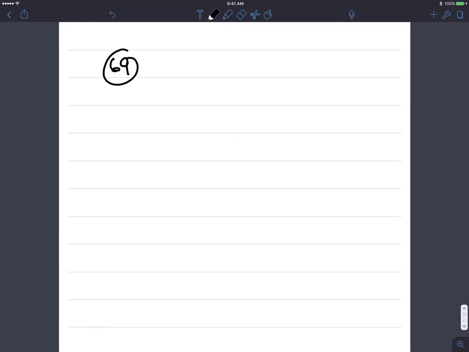X plus 2 squared is negative 4. Again, notice x plus 2 is in parentheses to the second power.